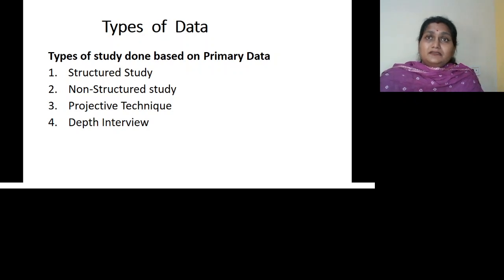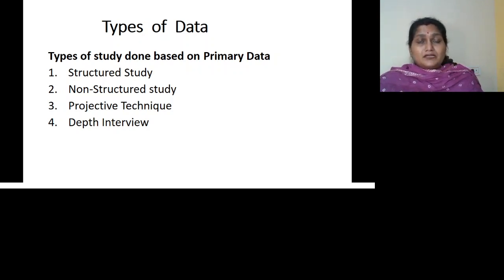Next, we have the depth interview. The depth interview is basically an attempt to get the respondent to talk openly on his subject of interest, and instead of going in for a set structured questionnaire, using various probes, certain questions where the questions lead to the respondent explaining more and going deeper into the subject.